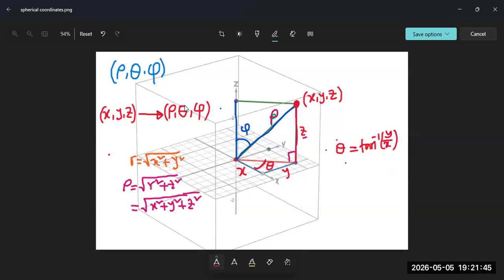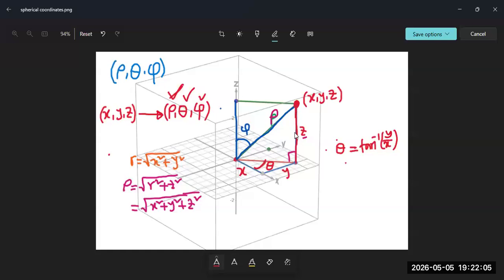So we have calculated the rho quantity, we have calculated the theta quantity, and need to calculate this phi value. So phi is the angle between the Z axis and that point via the origin. How can we calculate the phi quantity here?